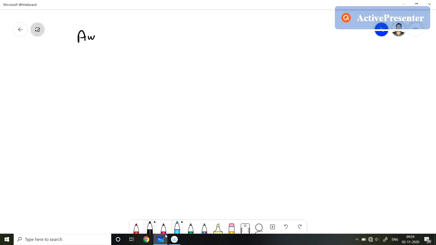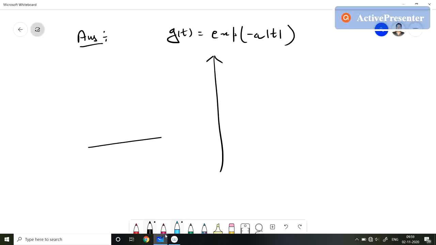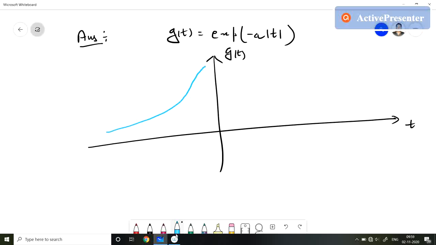So let us solve this problem. If we plot g(t), which is exponential e^(-a|t|), the plot is like this.